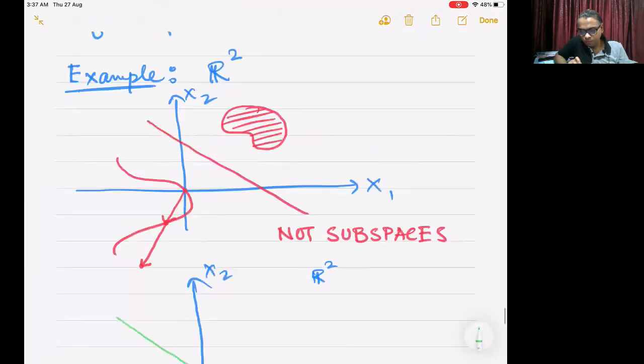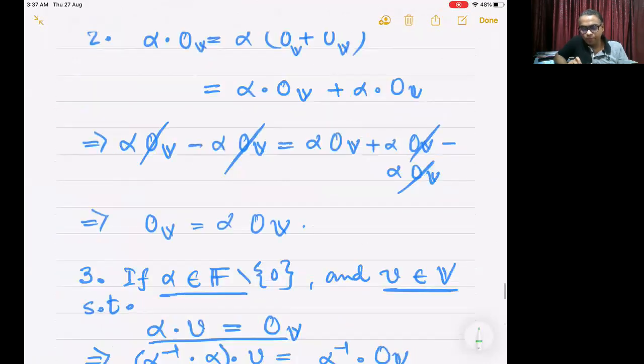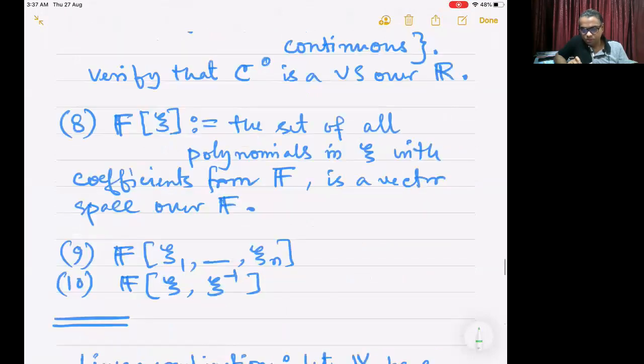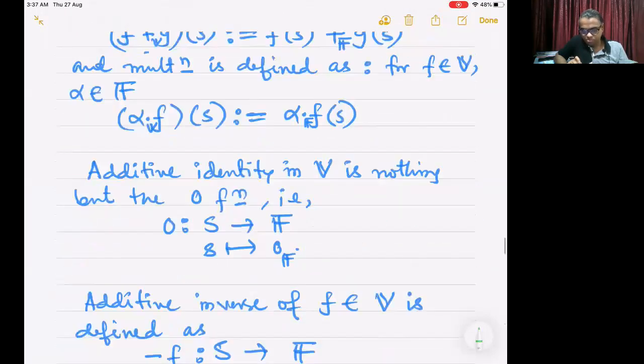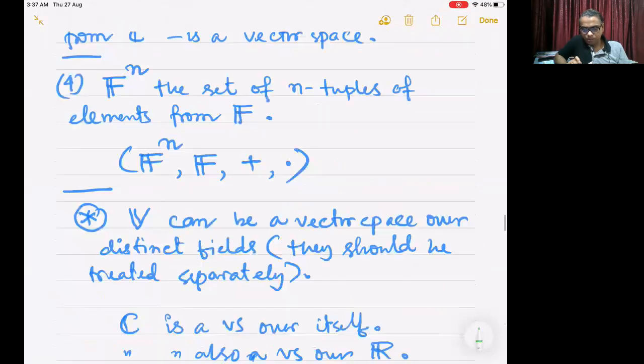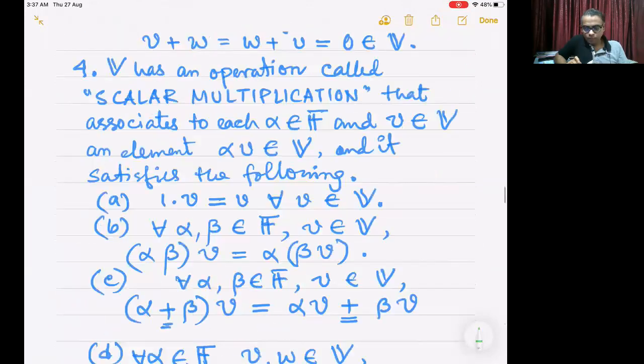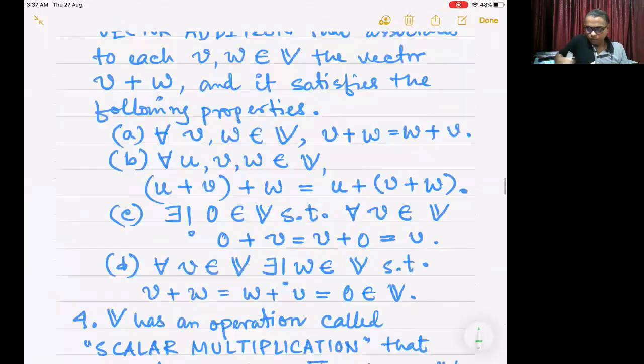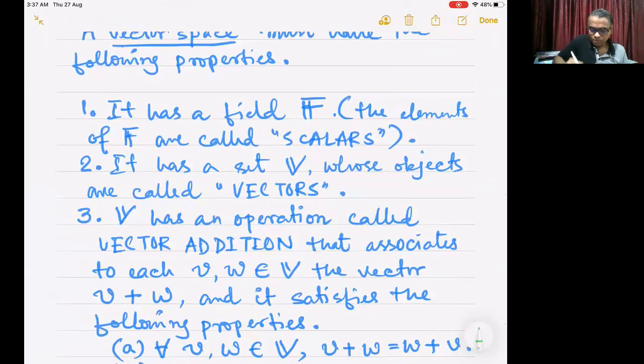Let us go back to the definition of a subspace, of a vector space, which is where these properties, the axioms, are. Out of these axioms, the first one is automatically checked, because the field is already there, because we already have a vector space. I'm looking for a subset. Number two is also there because I already have this W set given to me.